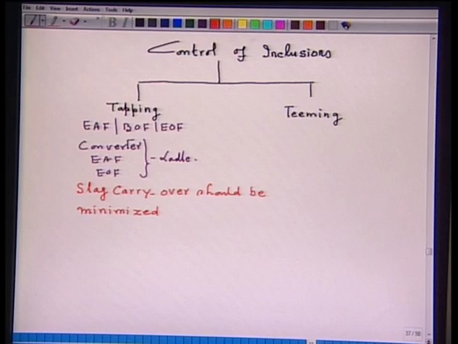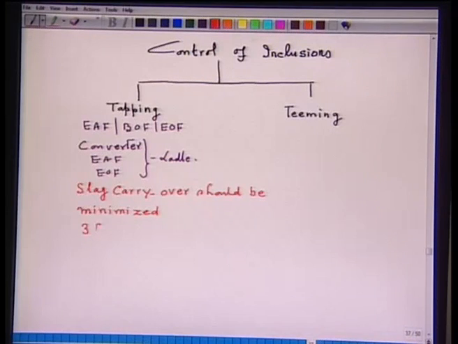So, during tapping the carryover slag should be minimized. Why? Because the slag is highly oxidizing in nature. It contains FeO, it contains MnO. This oxidizing slag, if carried over during tapping into the ladle, then whatever amount of aluminum is added into the ladle will react with the FeO and MnO of the carried over slag and form the inclusions. How will it form?